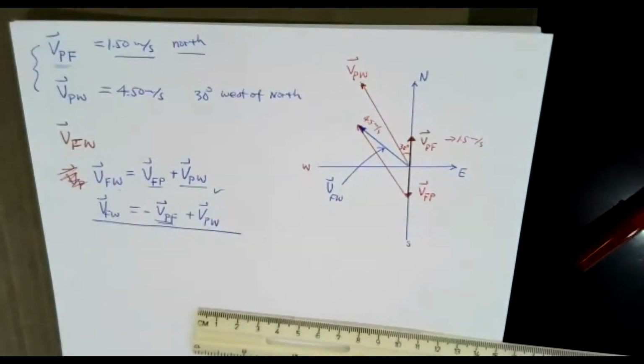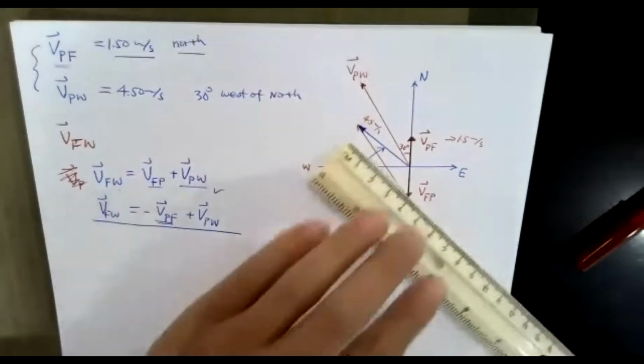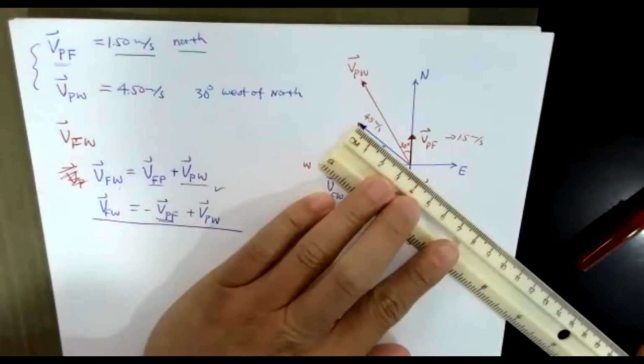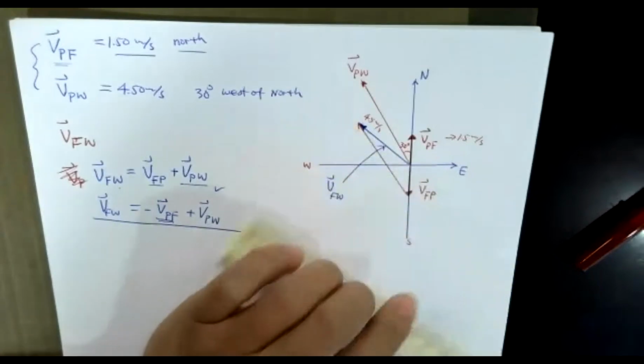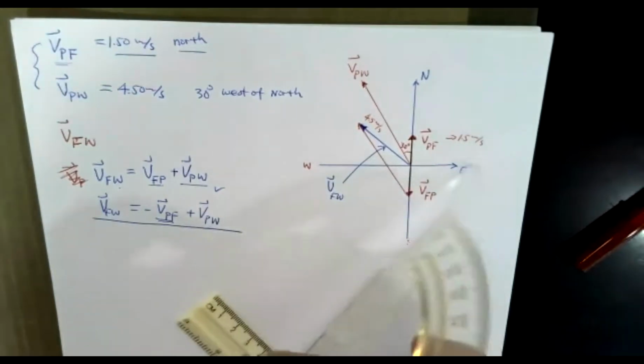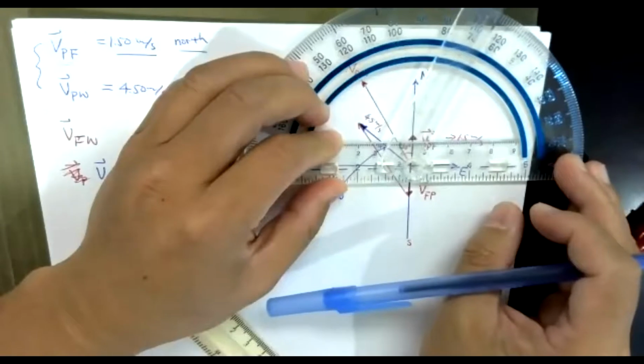Now, if you do this everything in scale and perfectly parallel, you can take a measurement and see how much this is roughly. It looks like 3.2 to me. And for the directional angle, you'll take a measurement if you have a protractor.